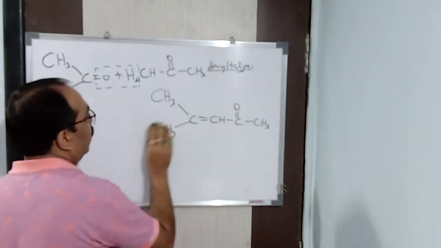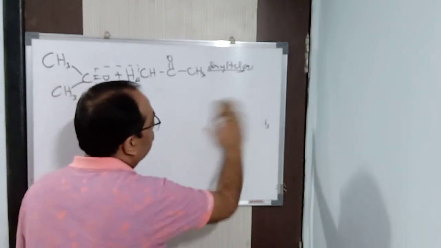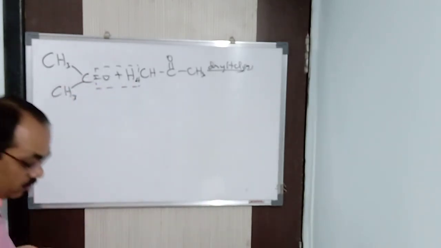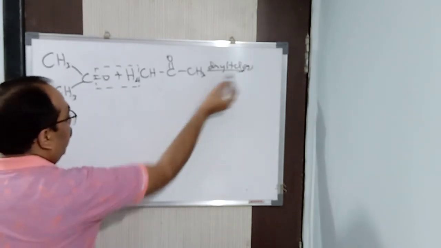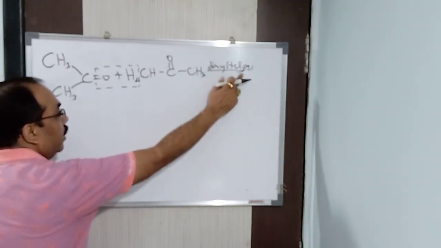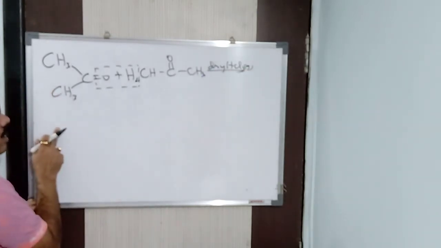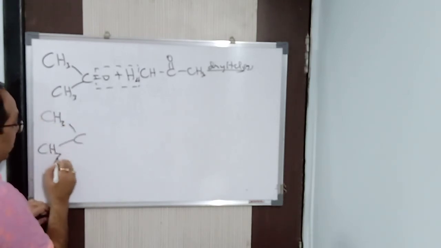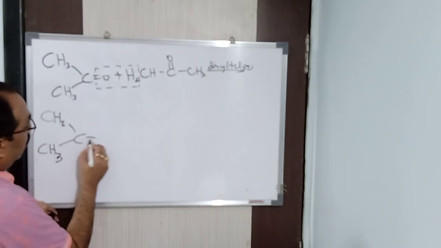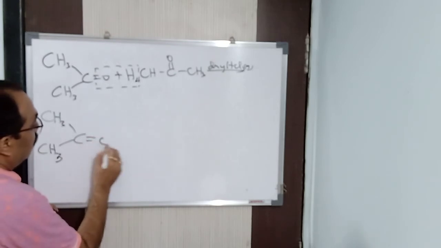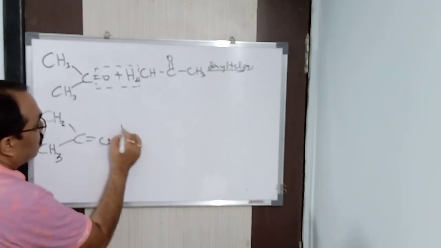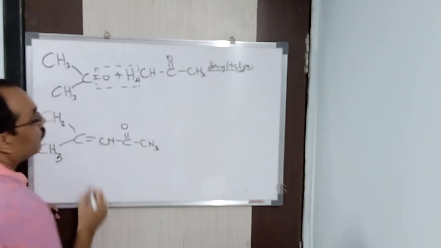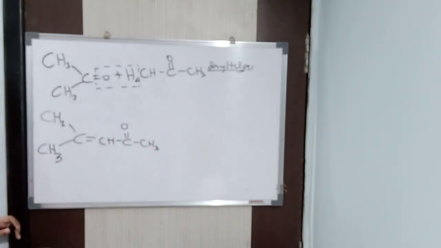Let me write the mesityl oxide on this side; it will be easier for me to write the reaction. Got it, children? The product which is found, mesityl oxide: (CH3)2C=CH-C(=O)-CH3.